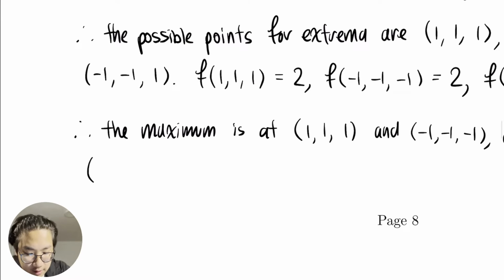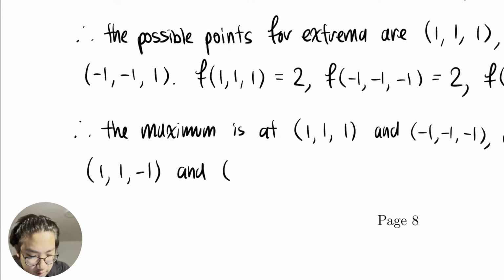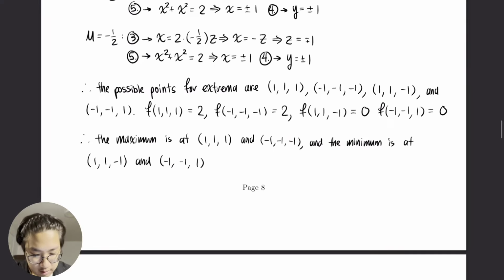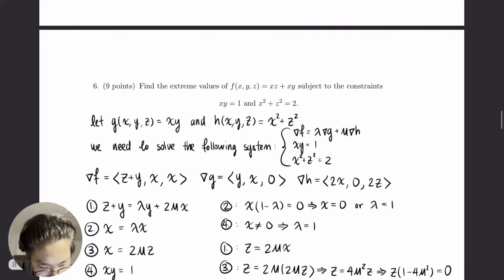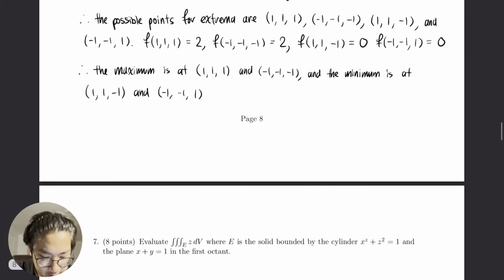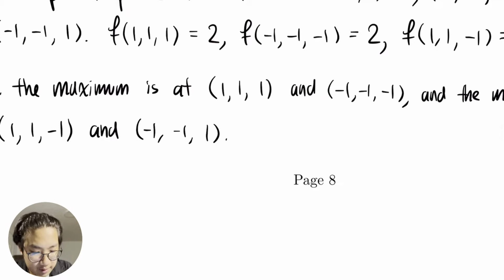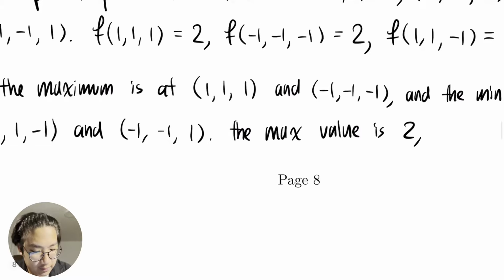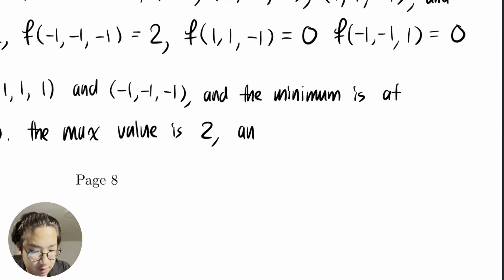So we have 1, 1, -1, and -1, -1, 1. I believe it just asks for the value. Or I guess we can say the max value is 2, and the min value is 0.